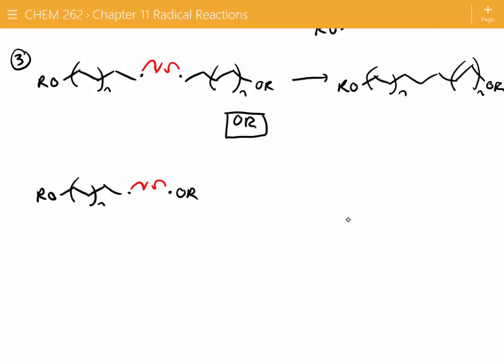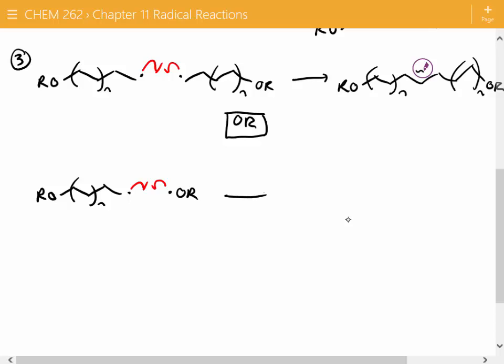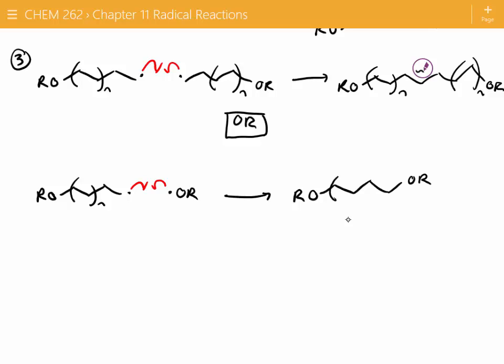So you've got a long polymer chain with a functionalized end group. And you can get some pretty unique and interesting polymers out of these reactions. So either of these methods for termination works well.